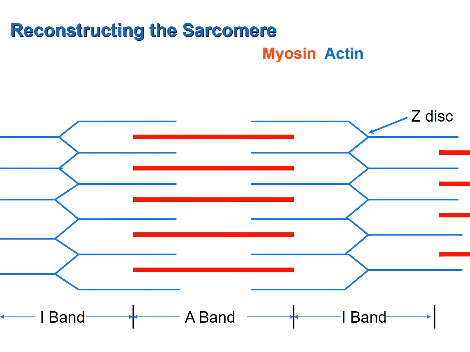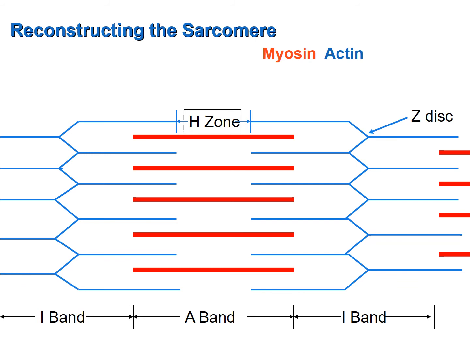The Z discs are where we have the thin filaments attaching or anchoring to one another. Notice that the Z disc is found pretty much in the center of the thin or I bands.